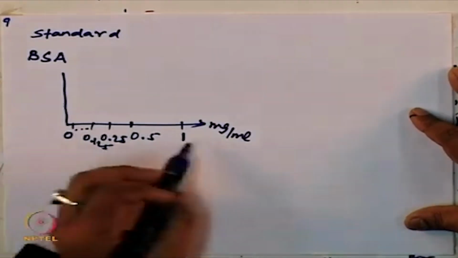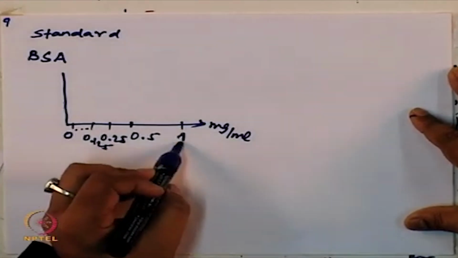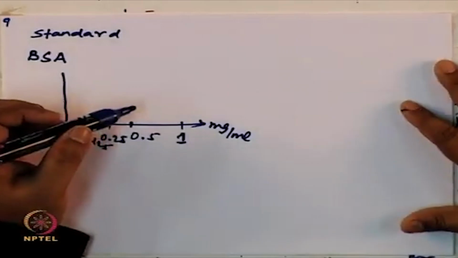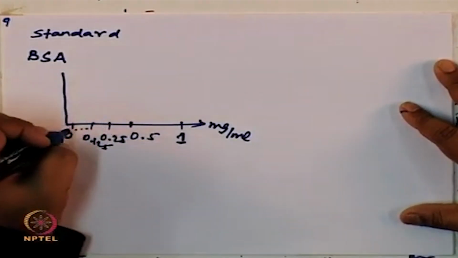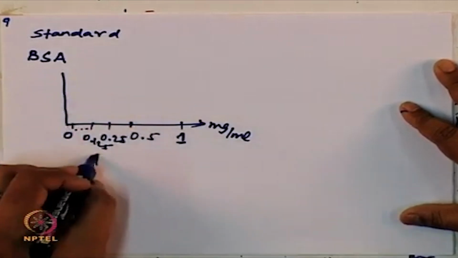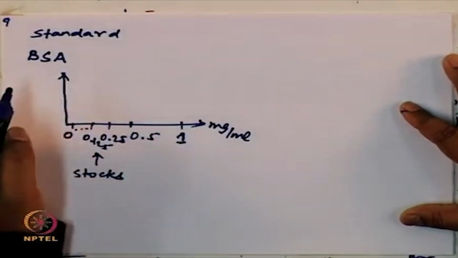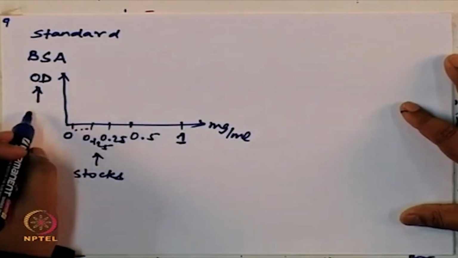So, you use your protein samples of known concentrations. If you know that the highest concentration of any of your samples A, B, C is going to be less than 1 mg per ml, you prepare protein stocks. These are all stocks of varying concentrations. Okay. You prepare these stocks and you get the OD measure from a spectrophotometer.